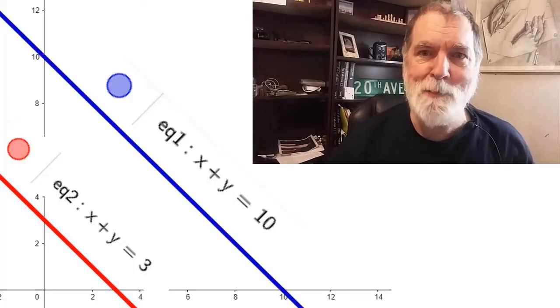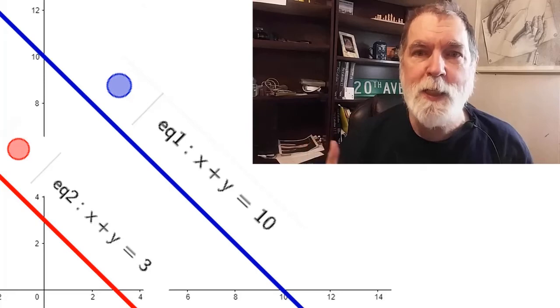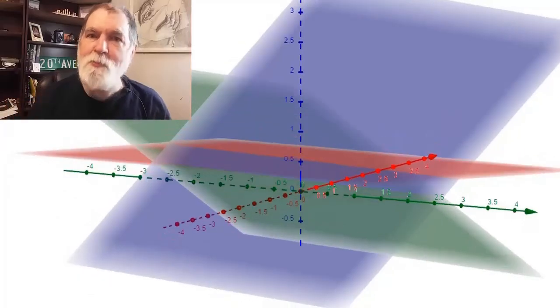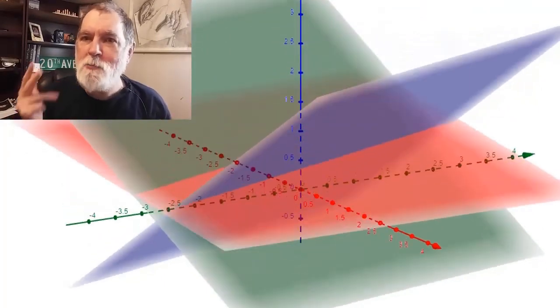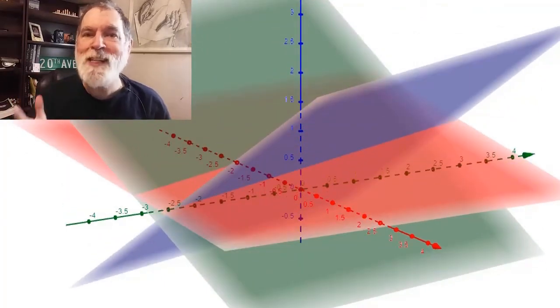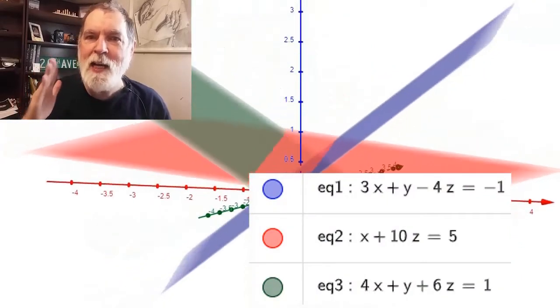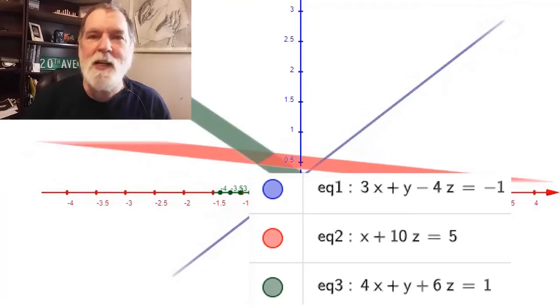In that system, each equation of 2 variables is represented by a straight line. In this 3-dimensional system, each equation of 3 variables is represented not by a straight line, but by a flat plane. This system also has no unique solution.